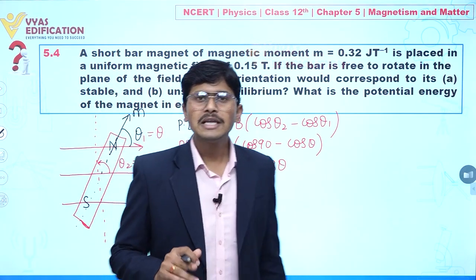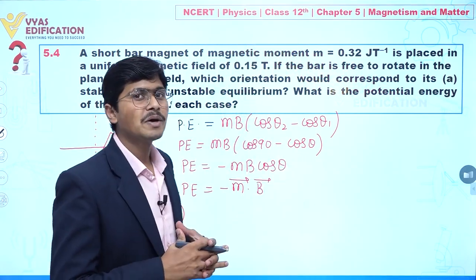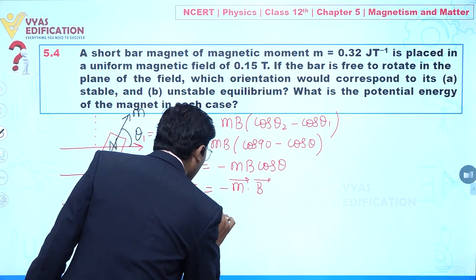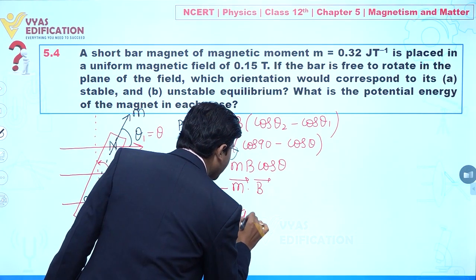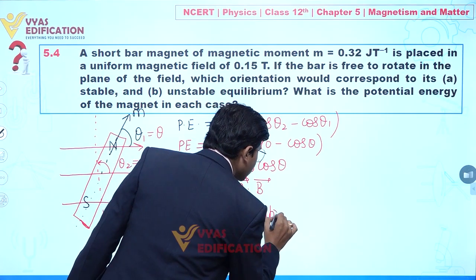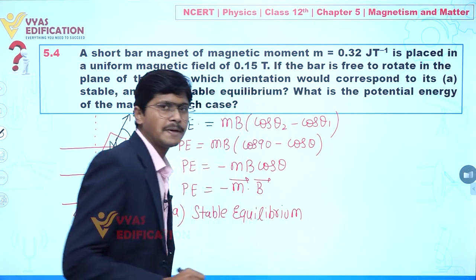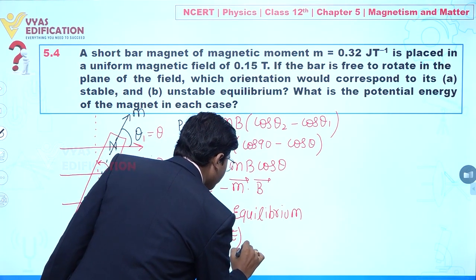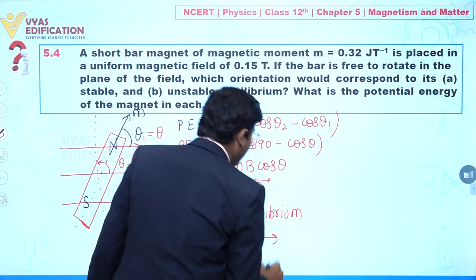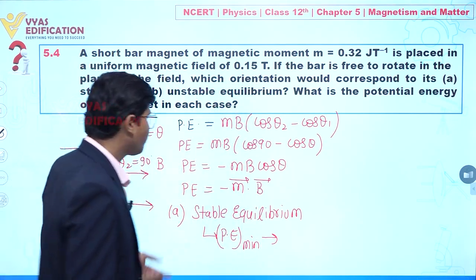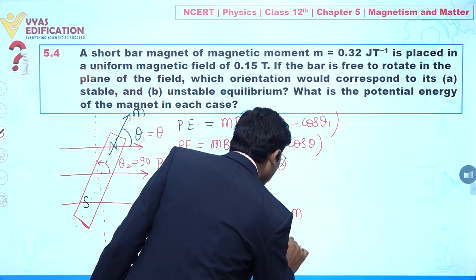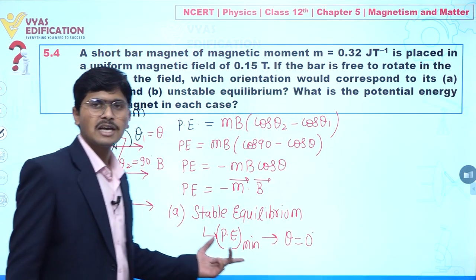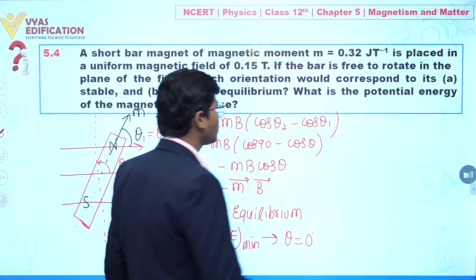For stable equilibrium, the potential energy should be minimum. So the expression of potential energy should be minimum, and this is possible only when theta equals 0.